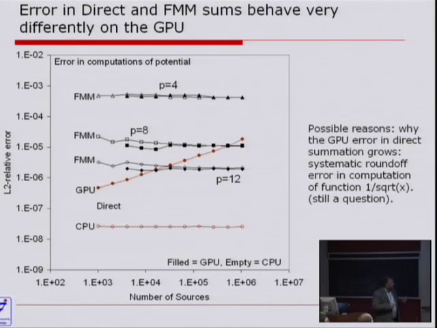So this is an important issue, which is the error in Direct and FMM sums. If you see the GPU, the round-off error grows with the number of sources like this. And this is basically different from what we see on the CPU, even if you compute with single precision. So perhaps it's related to some kind of, I don't know, maybe Intel does some better CPU accuracy.